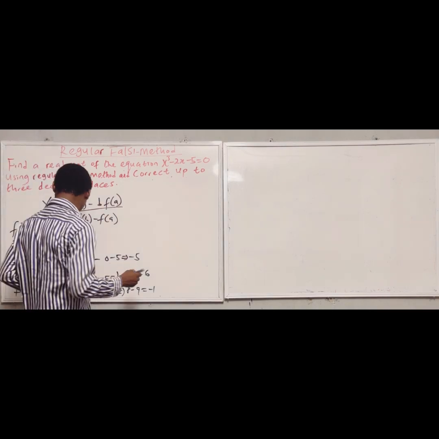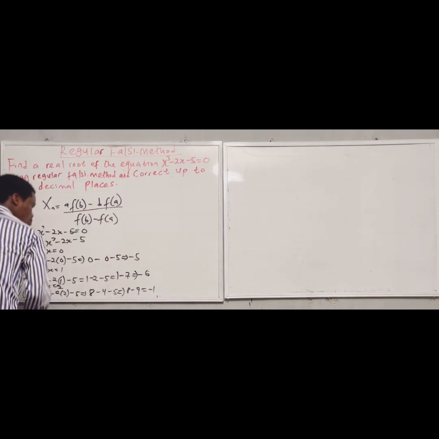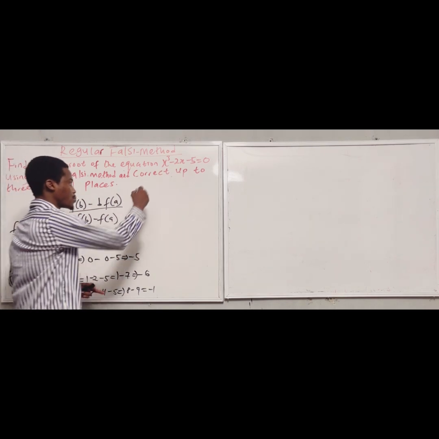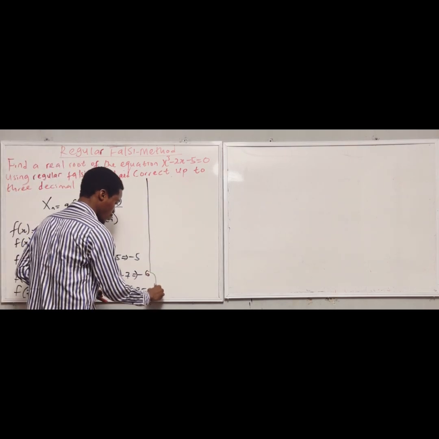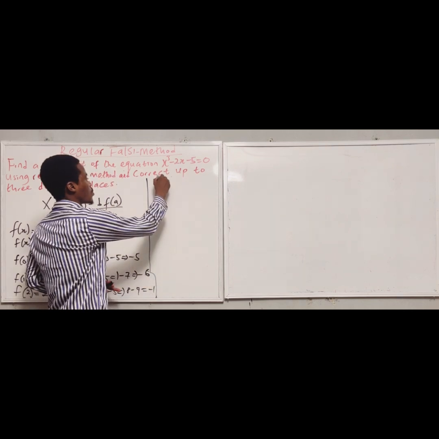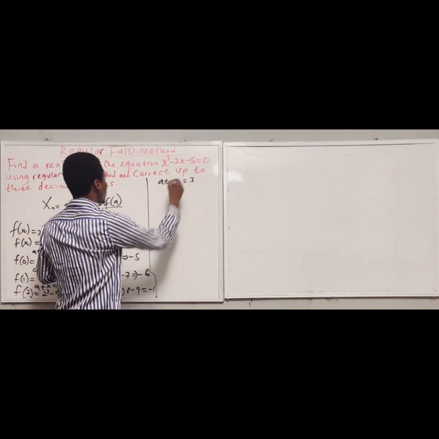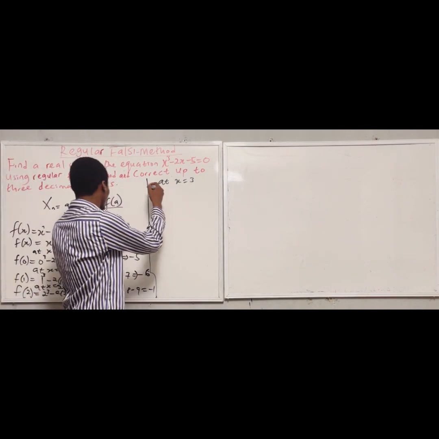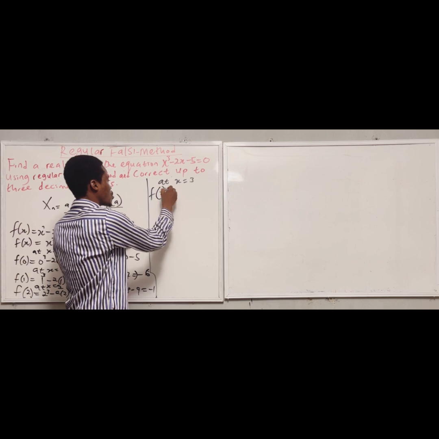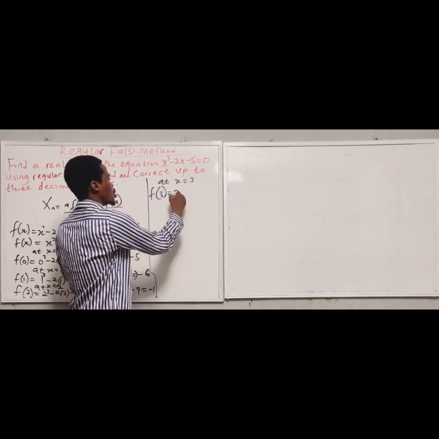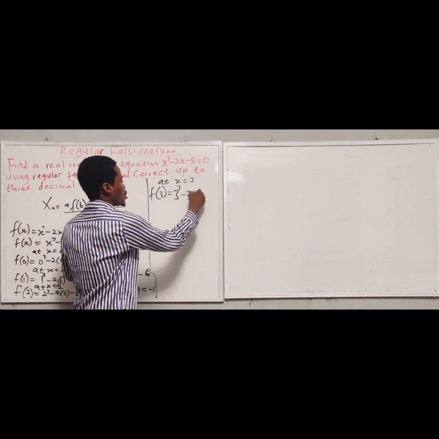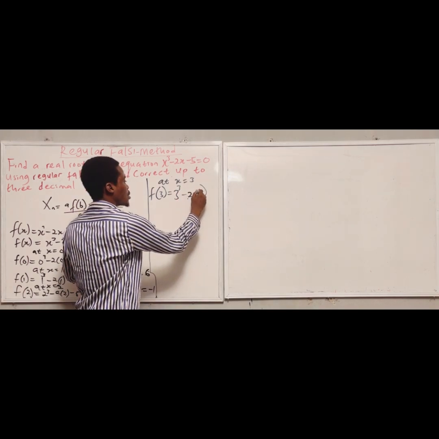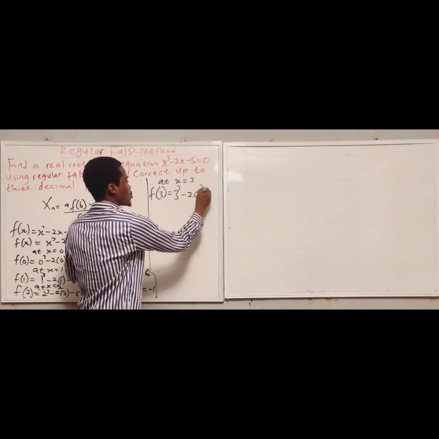So I'm going to do at s is equal to 3. So for this function, f of 3 is equal to 3 to the power of 3 minus 2 into 3 squared, minus 2 into 3 and minus 5.